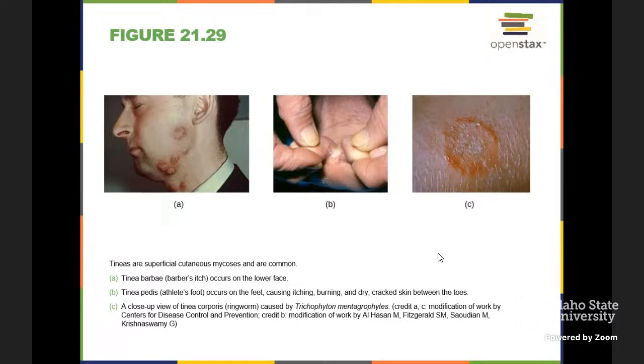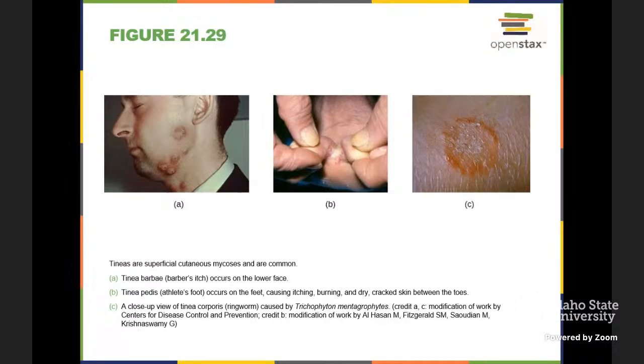Okay, so I know we talked about the tineas, and I mentioned that initially they're named this way because the appearance made them believe that they were a type of worm, but truly we're talking fungi.